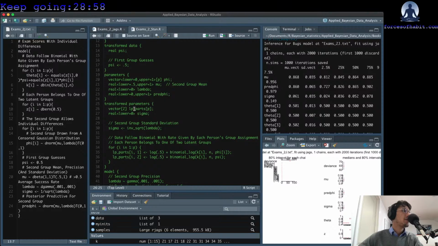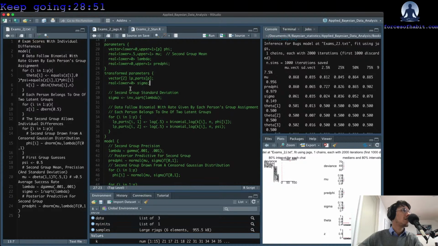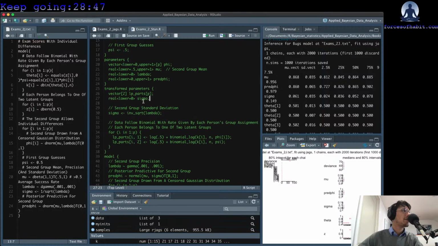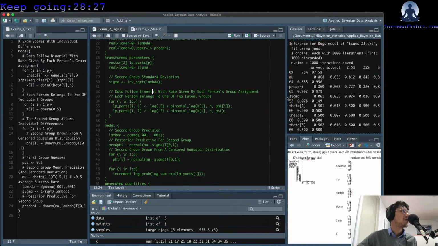So we have a vector 2, log probability of each person. We have a real value for sigma. Second group, inverse square root of lambda, sigma. So that's just the prior distribution for the second group, the standard deviation. Data follows binomial with a rate given by each person's assignment.